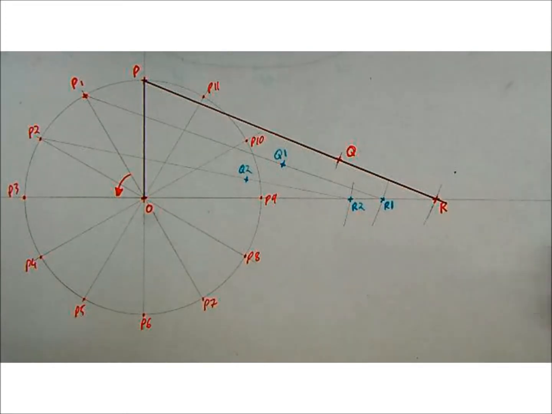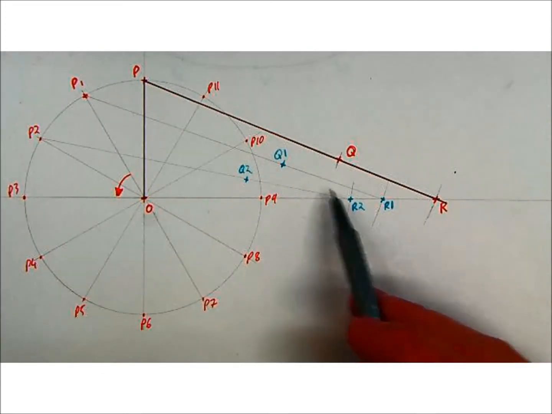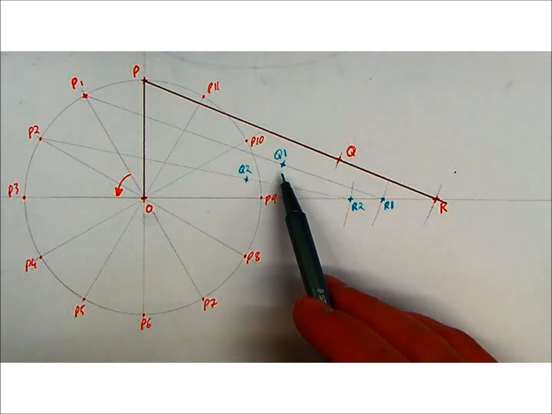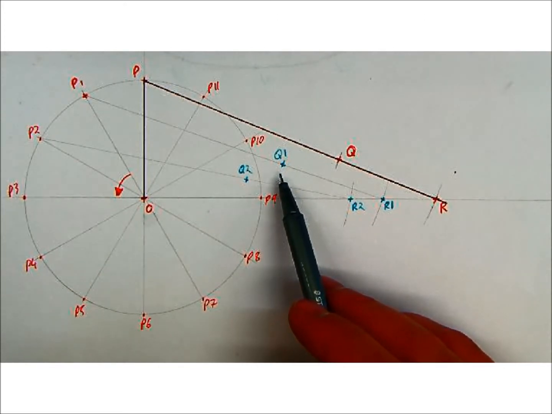Just repeat the process, do one point at a time, and label it correctly so that you know what to join to where when you're finished. Okay, so continue on with that.